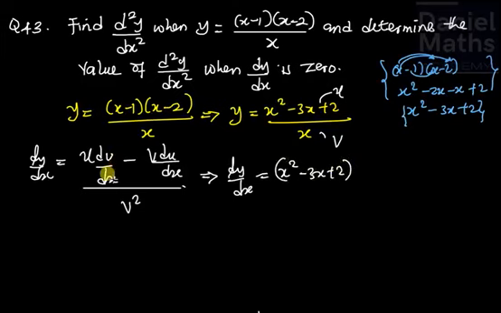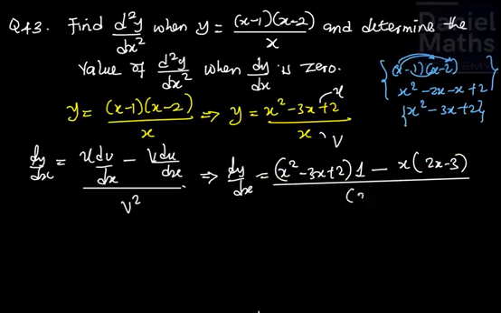If I differentiate v, that gives me 1, and then minus my v, which is x, times du, which gives me 2x minus 3. All of this is divided by x squared.